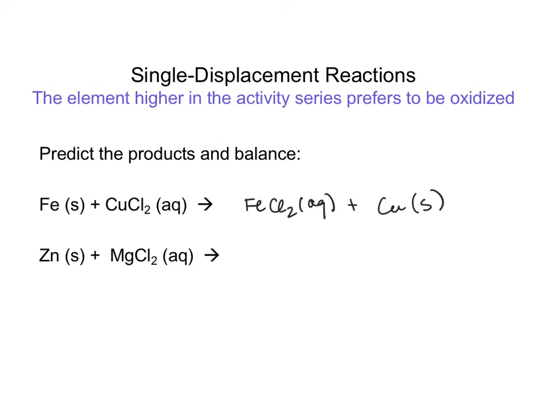All right, and the next one then, you have zinc and magnesium. And that is the situation on the left here. This is +2. Each one of those chlorides is -1, right? So magnesium is in the +2 state, or it's in the plus state. And so there's no reaction that's going to take place.